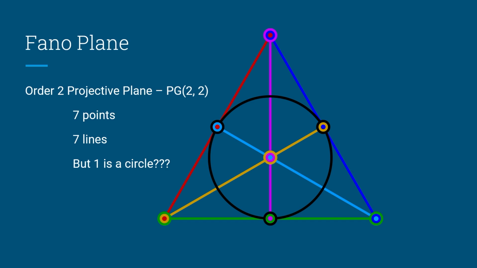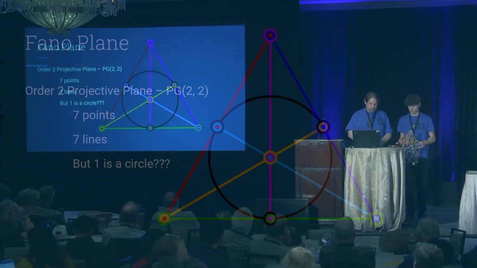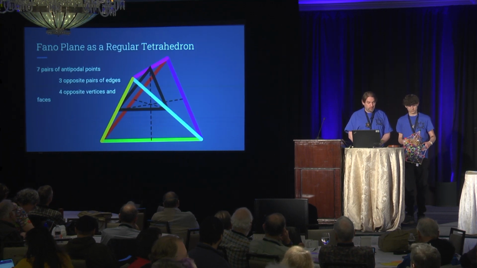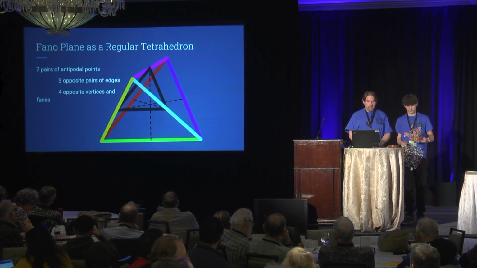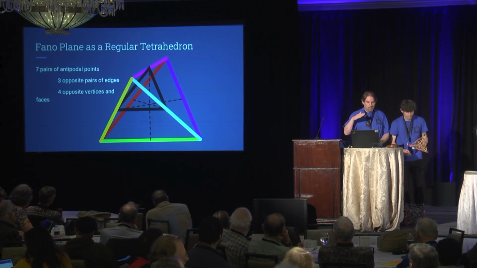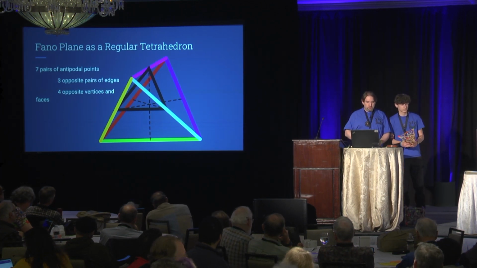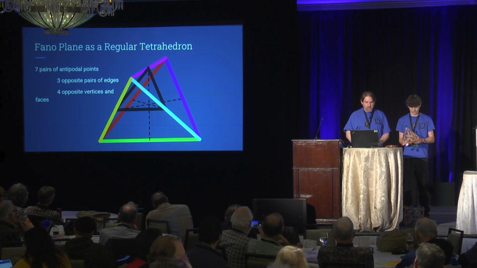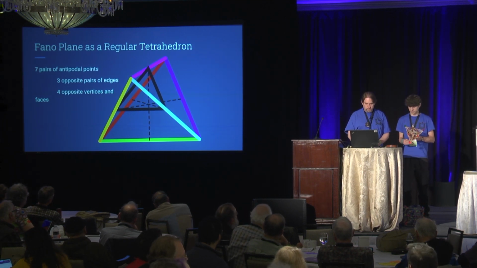So one way you can look at this is turning it into a tetrahedron instead. So instead of having the point in the middle of the triangle, we restrict ourselves to just the surface of a tetrahedron. And these points are colored in the same way.